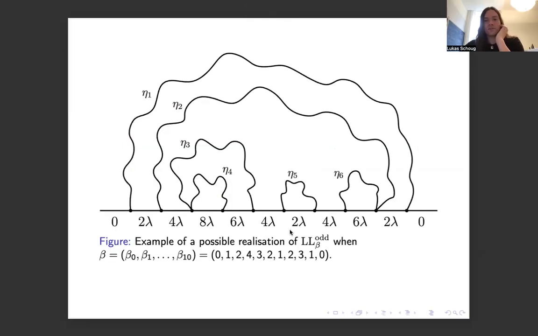So here is an example of a possible realization of this LL beta odd. If you just imagine that this has Hausdorff dimension 3 over 2 instead of being something smooth.